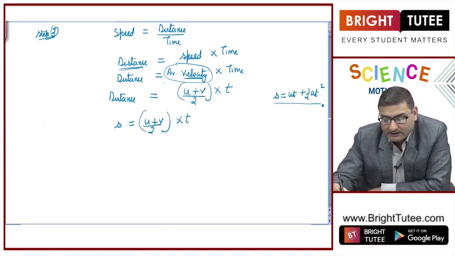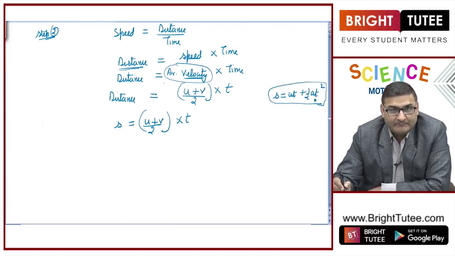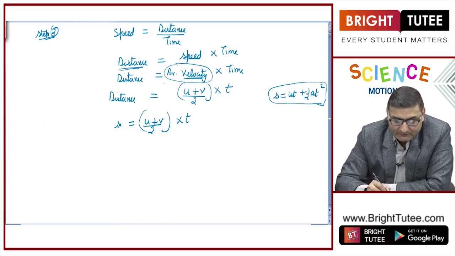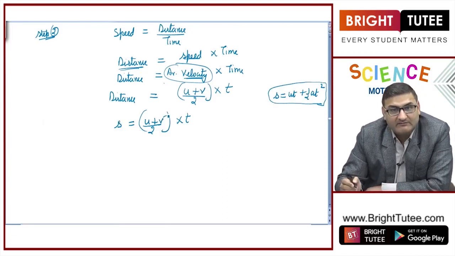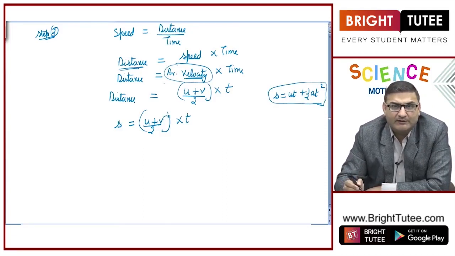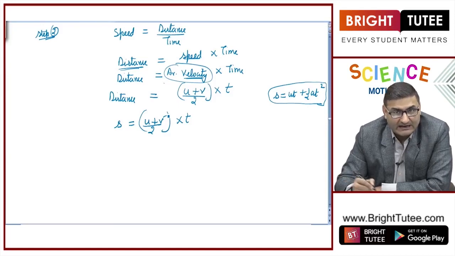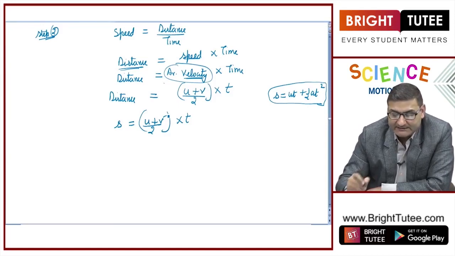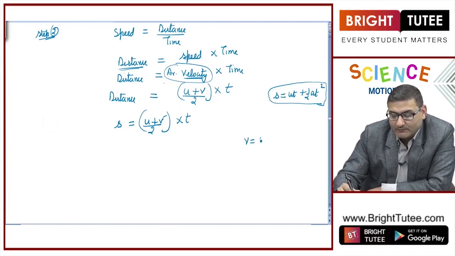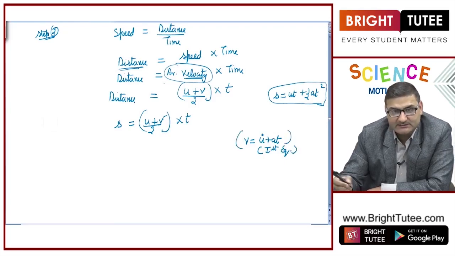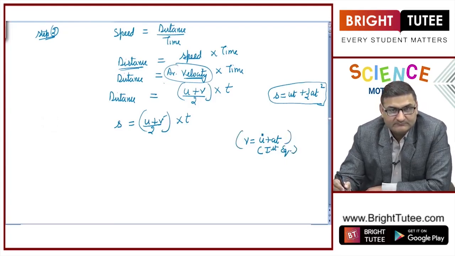In the formula we need, I see that there is no v. In this formula, we still have got v. So, that means I should remove v. And how am I going to remove v? Very simple. V is equal to u plus at. This is as per the first equation of motion that we have just derived above. Right?